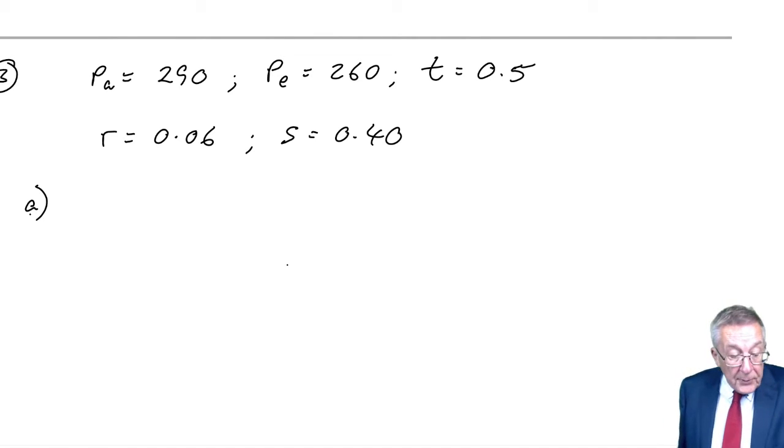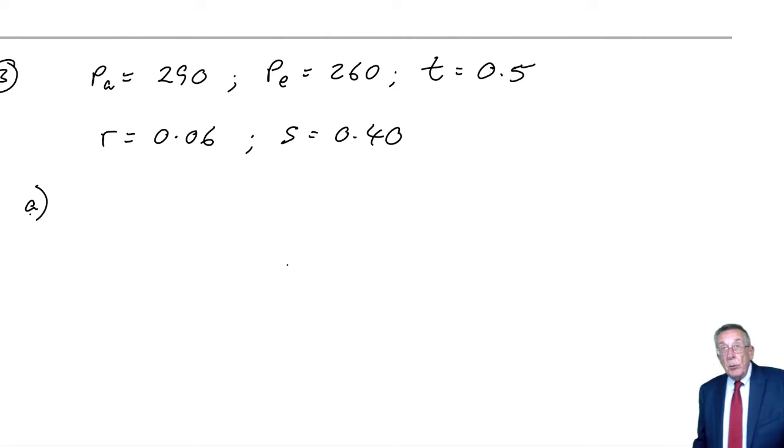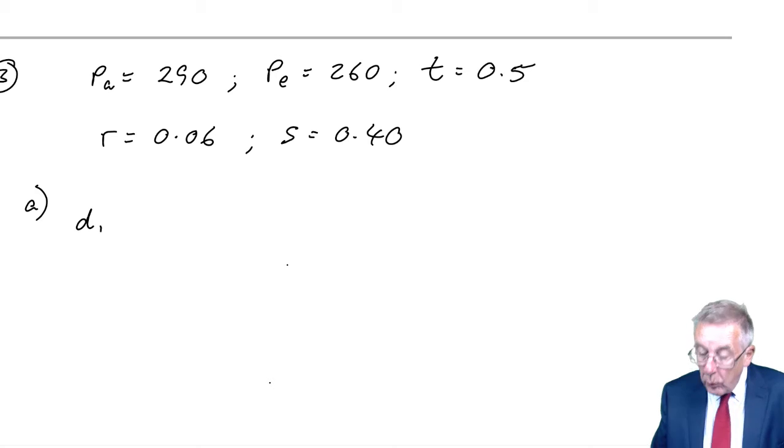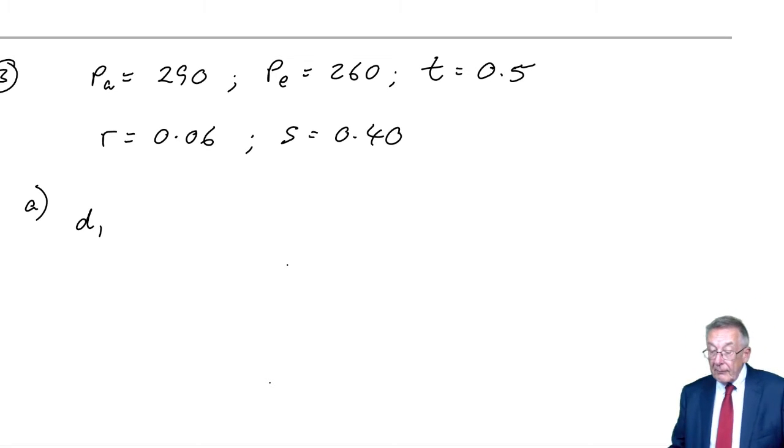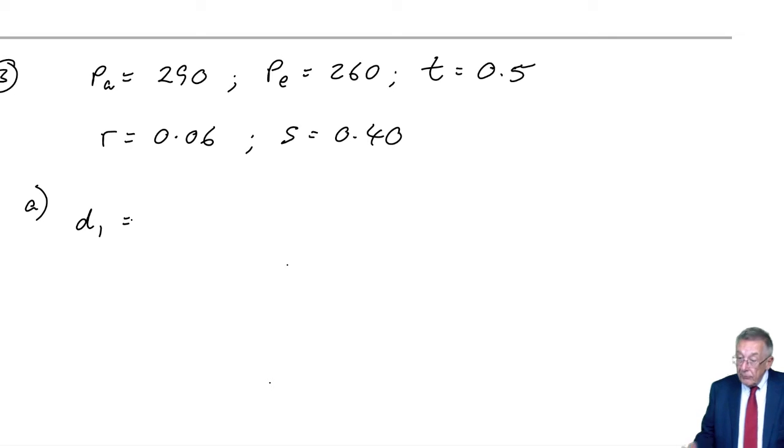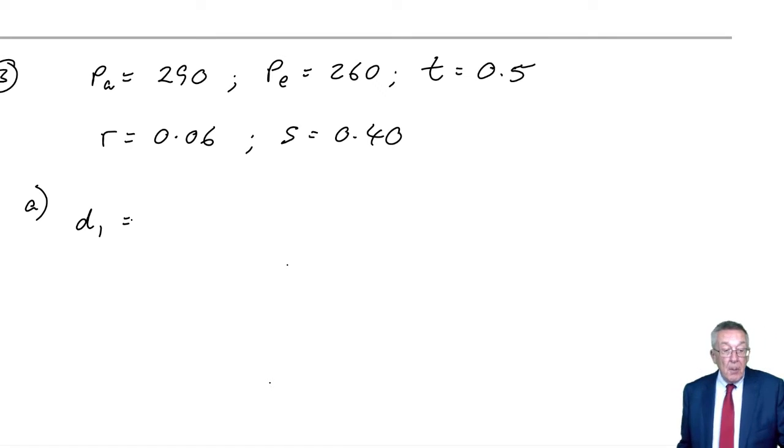Well, the call option formula has N(D1) and N(D2) in it, and so we need to calculate them first. So first of all, D1. I hope you've got the formula in front of you, and just check you're happy where the figures go.